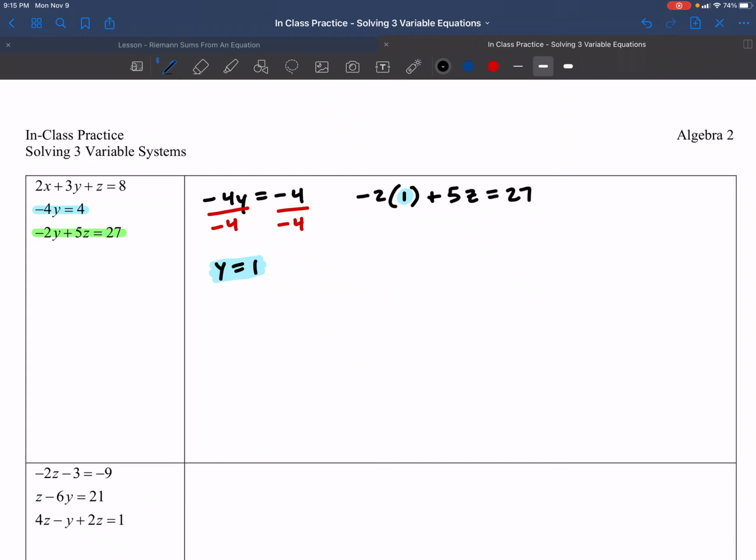So now I'm going to solve. This gets me negative 2 plus 5z is equal to 27. I'm going to add 2 to both sides, and I have 5z is equal to 29.